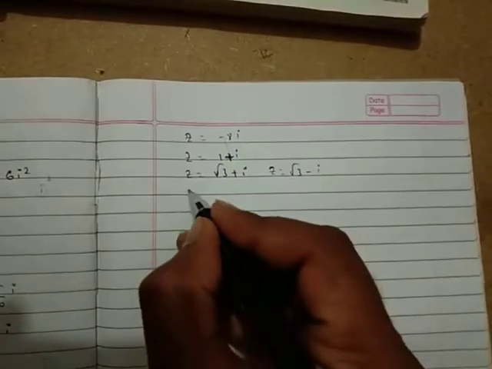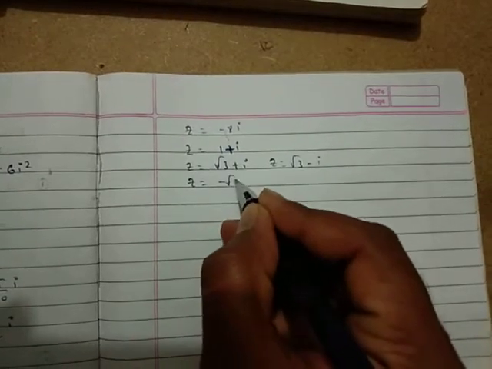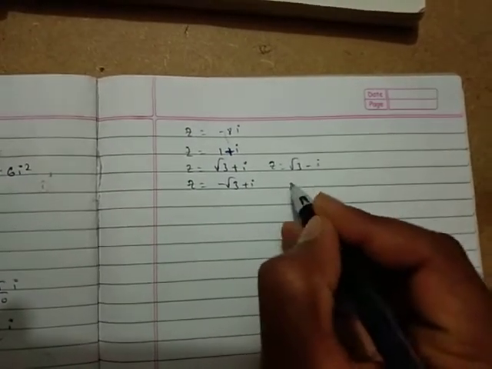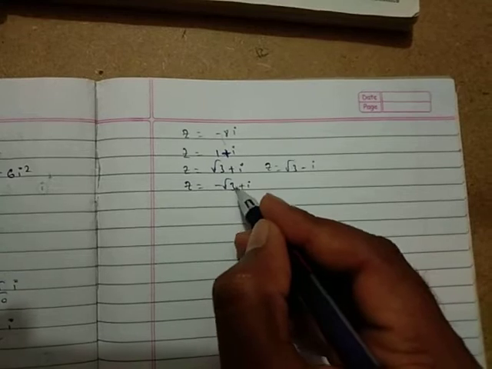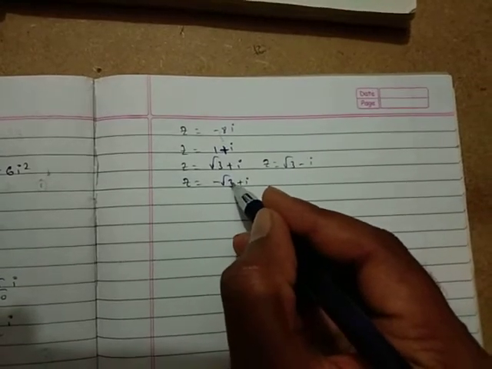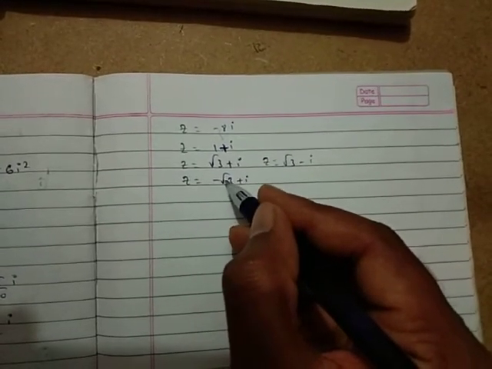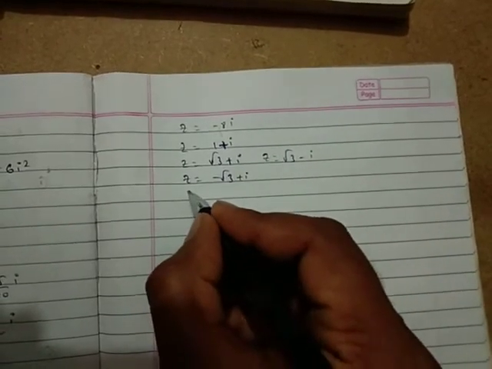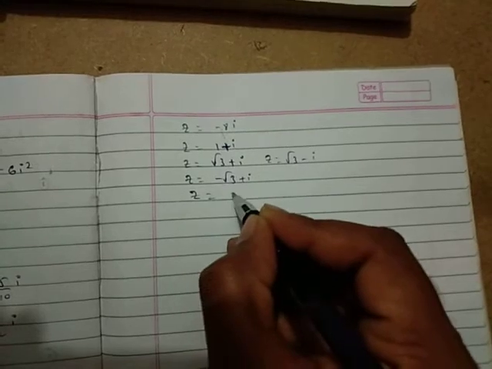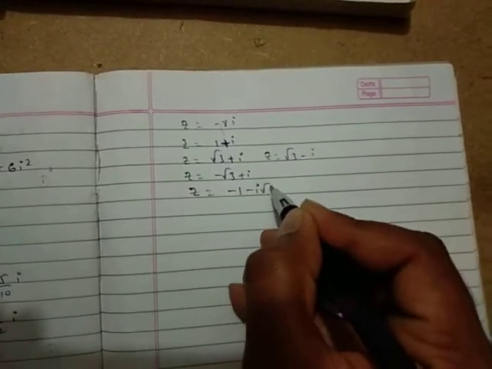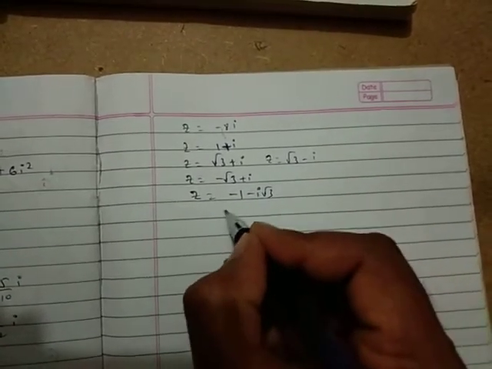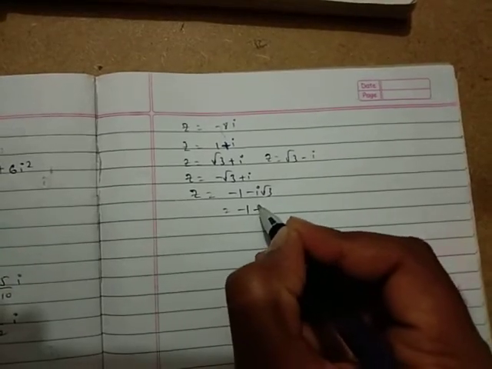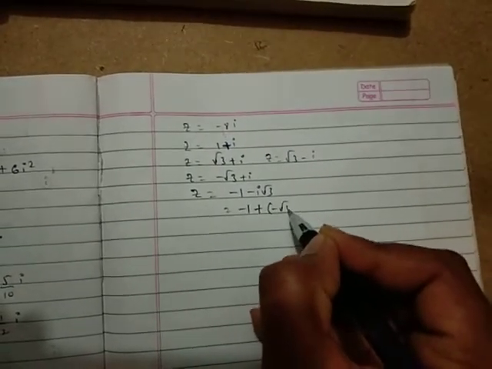The next one is z is equal to minus root 3 plus i. Here the imaginary part is equal to 1 and the real part is minus root 3. The next question is z is equal to minus 1 minus i root 3. It can be written as minus 1 plus minus root 3 i.